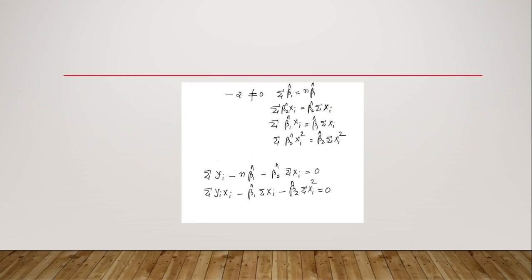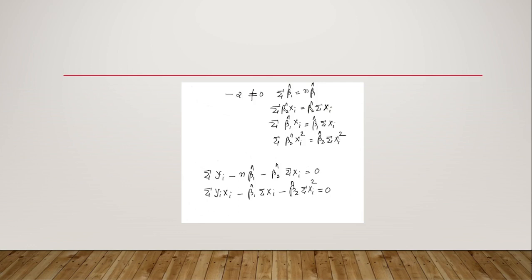Beta 2 hat is a constant, so we take it outside the summation and write beta 2 hat into sigma xi. Similarly, sigma beta 1 hat xi can be written as beta 1 hat into sigma xi. Sigma beta 2 hat into xi square can be written as beta 2 hat, again taking the constant outside the summation, beta 2 hat into sigma xi square.